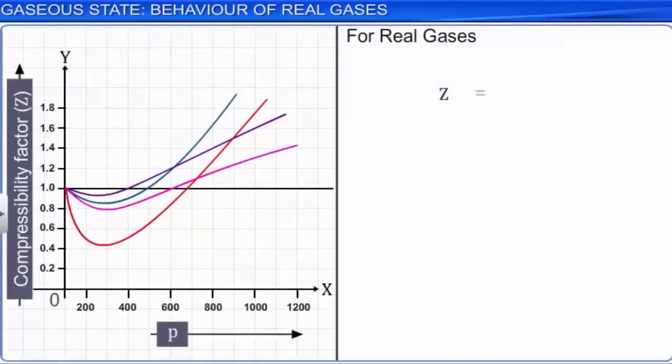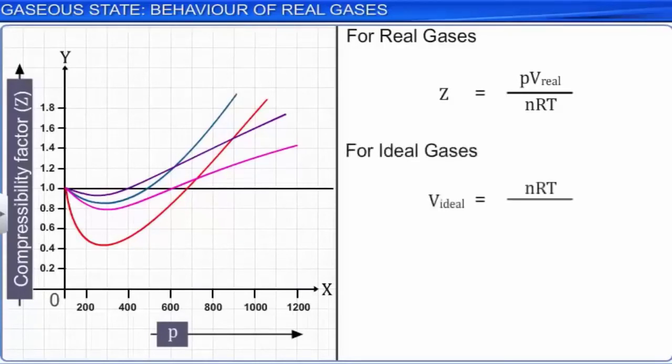If the gas is an ideal gas, then V is equal to nRT divided by P. On substituting the value of nRT divided by P in the equation for compressibility factor, we get Z is equal to V real divided by V ideal. From this, we can conclude that Z gives the ratio of the actual molar volume of a gas to the molar volume of it, if it were an ideal gas at that temperature and pressure.